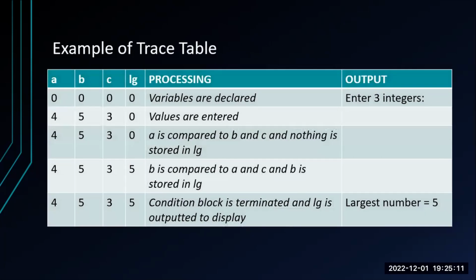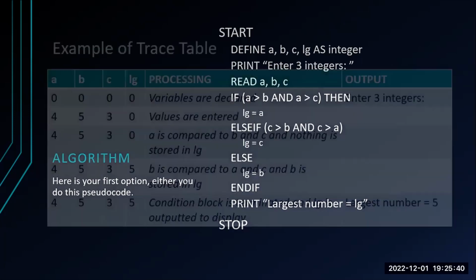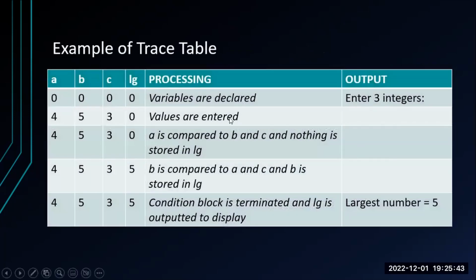So next, we're going to use a trace table to test this solution, to make sure that the solution we developed is actually logical and produces the result that we really want. So going back here, as we start off, when we define A, B, C, and LG as integers, they come here.